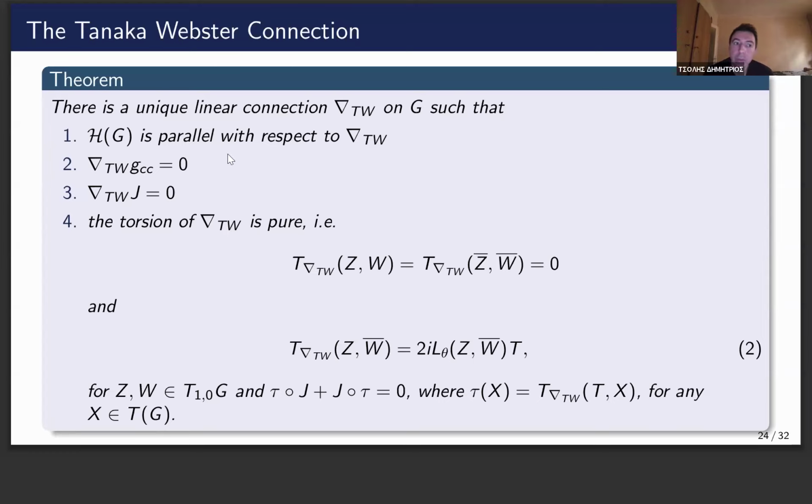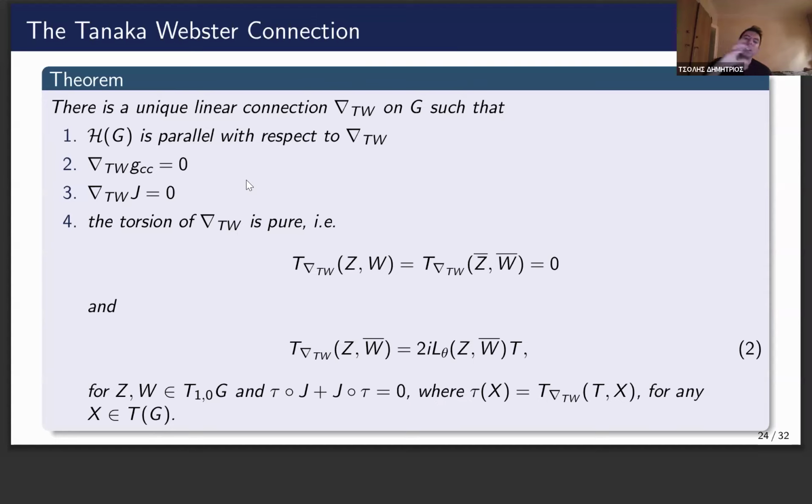And we define it as follows. So it's a unique linear connection. Now this is a theorem, but you can see how this is defined. So we claim that there's a unique linear connection, nabla TW, that satisfies the following. First of all, that this H of G is parallel with respect to this nabla.